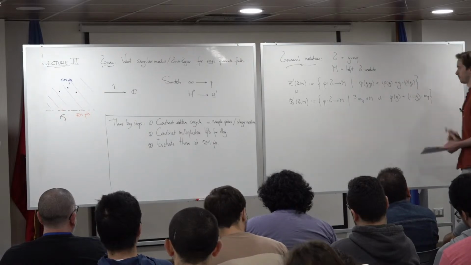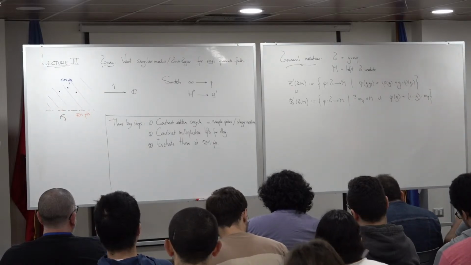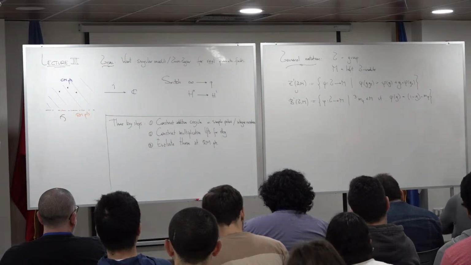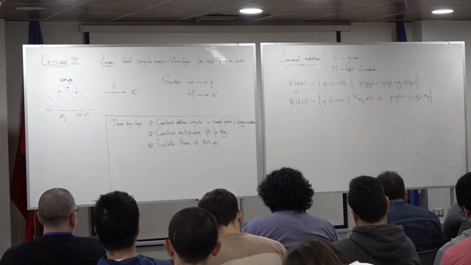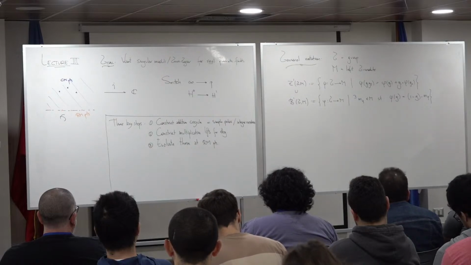So if you haven't seen this kind of construction before, check that this is indeed a subset of Z1. So check that this verifies the cocycle identity, which is quite easy to see.